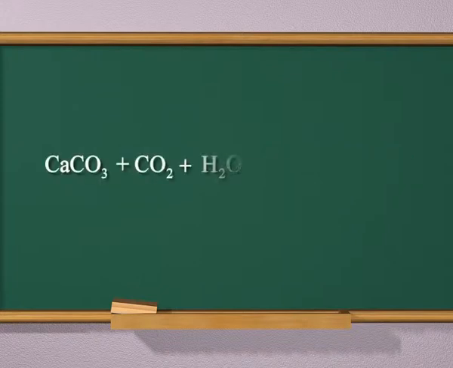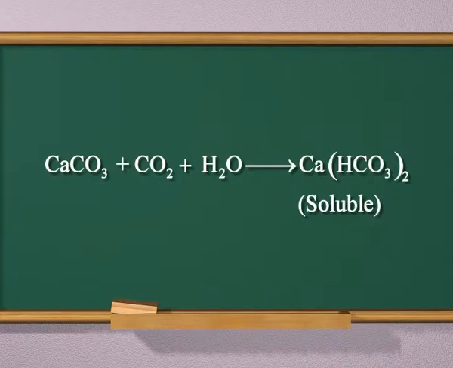When carbon dioxide is passed in excess, the milkiness of the solution slowly disappears because calcium carbonate is converted into soluble calcium hydrogen carbonate or calcium bicarbonate.